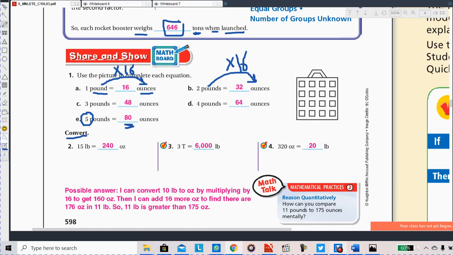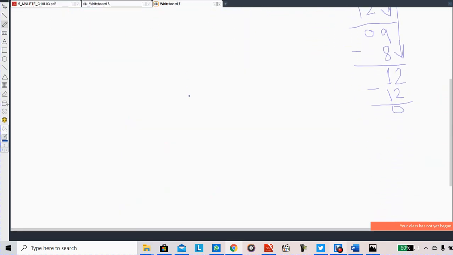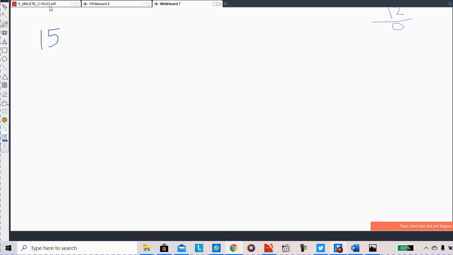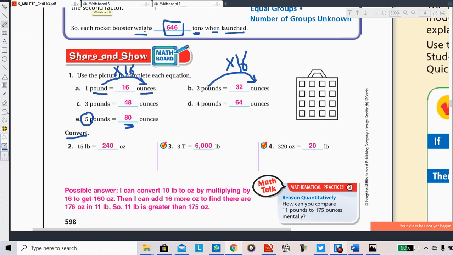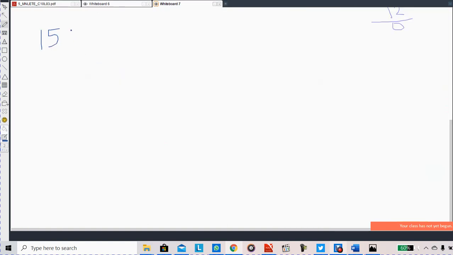Okay, let's write the steps with me. We have here 15 pounds equals what?